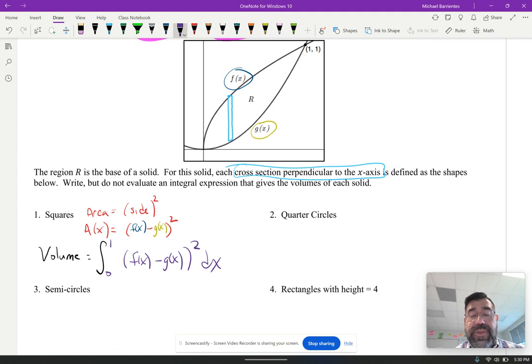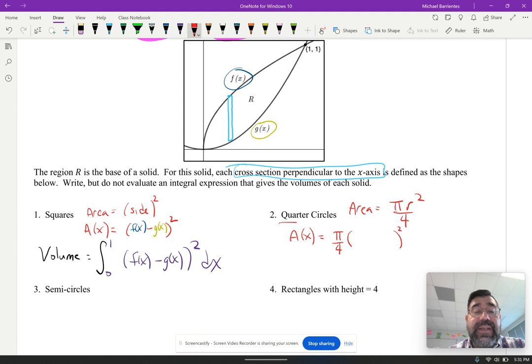Can we do it with quarter circles? Well, what's the area of a quarter circle? I know the area of a circle is pi r squared, so a quarter circle would be divided by 4. This is the blueprint that I need, right? So my area function is going to be pi over 4 r squared, but what's going to be in that r? This is where I have to be careful.